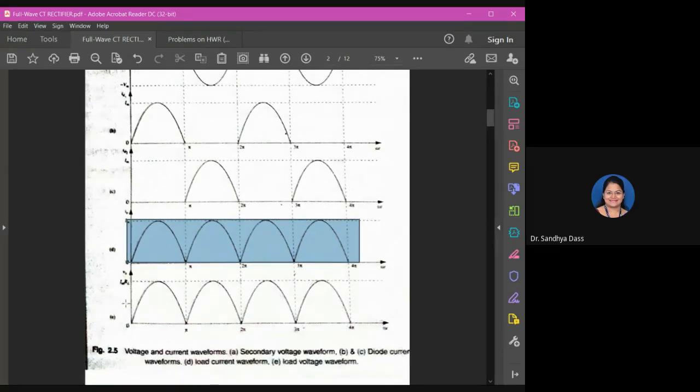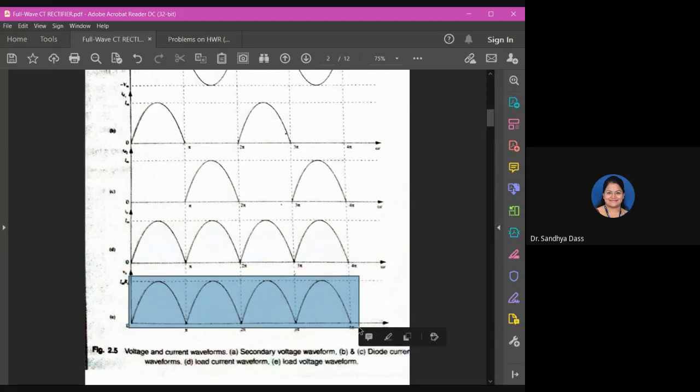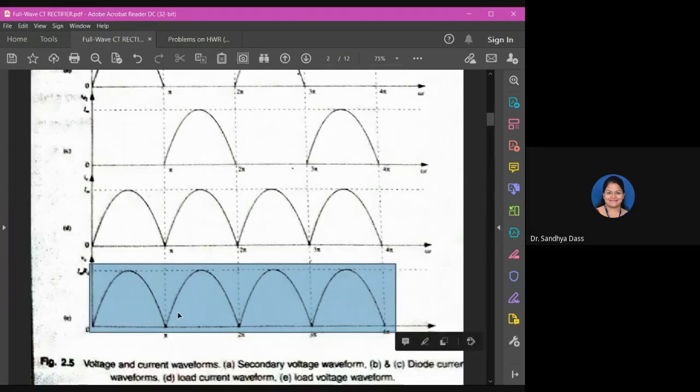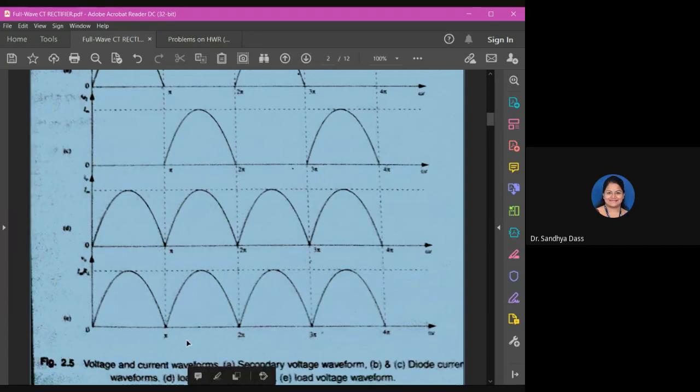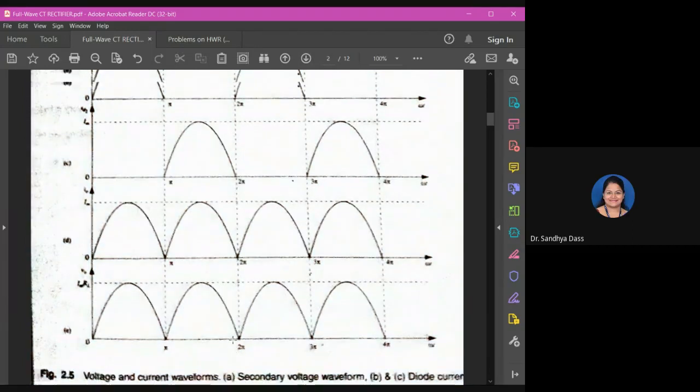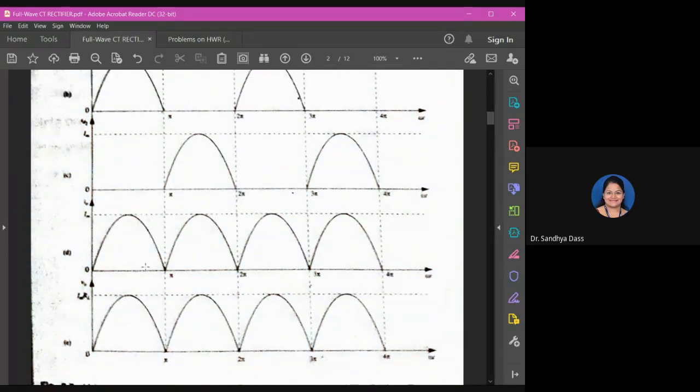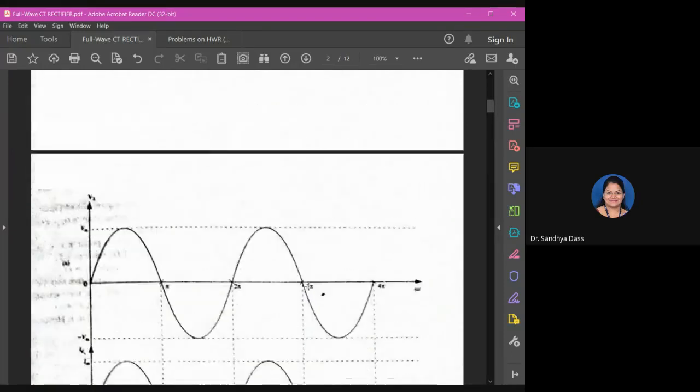And finally, what you have here is your output voltage, V naught. V naught is equal to I naught into RL. I hope the waveforms are clearly visible there. So in a full wave rectifier, you will be getting output in both the half cycles. So that you have to clearly understand.